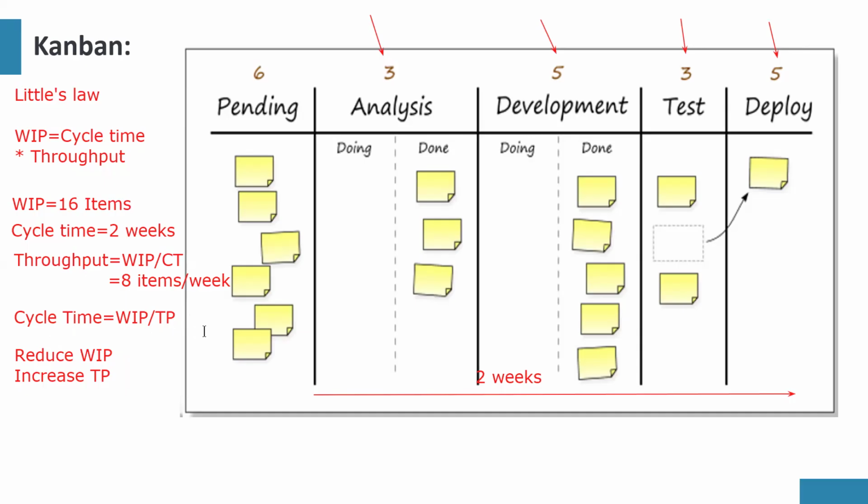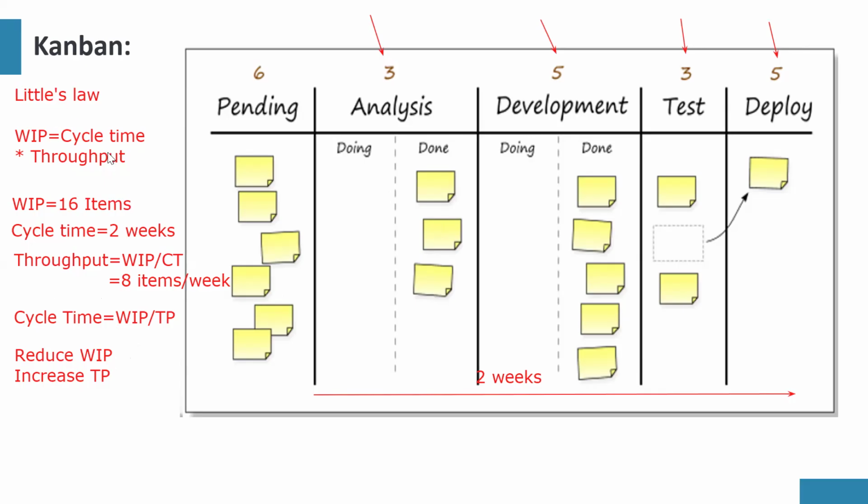Apologies for that. So one way to reduce cycle time is either we reduce work in progress, because if work in progress gets less, then cycle time will be reduced, or increase throughput. Yes, you're perfectly correct.